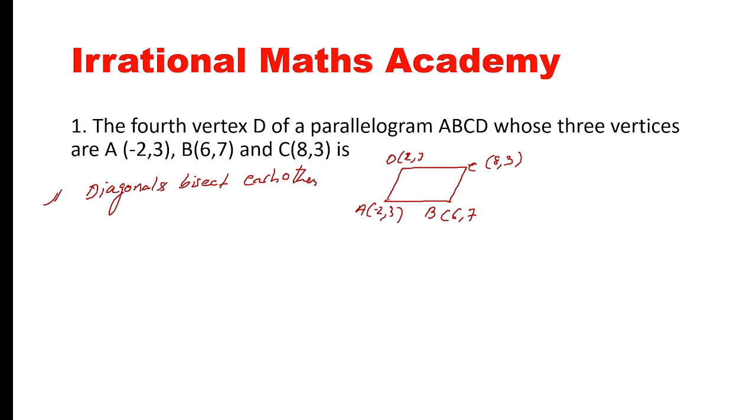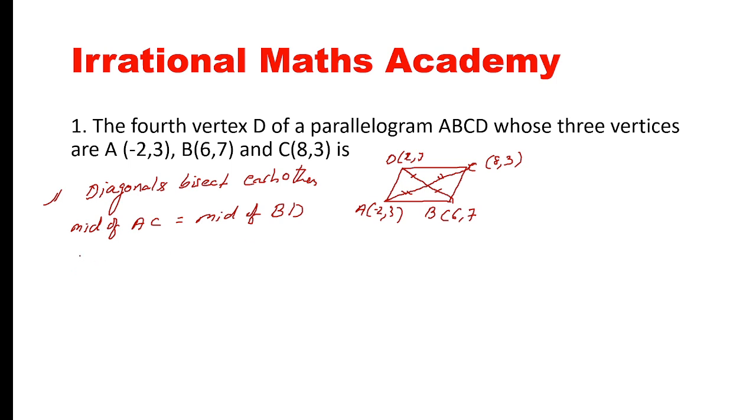So if you see here, this is my diagonal AC and BD. They bisect each other, means this length equal to this length. Means midpoint of AC is equal to midpoint of BD.